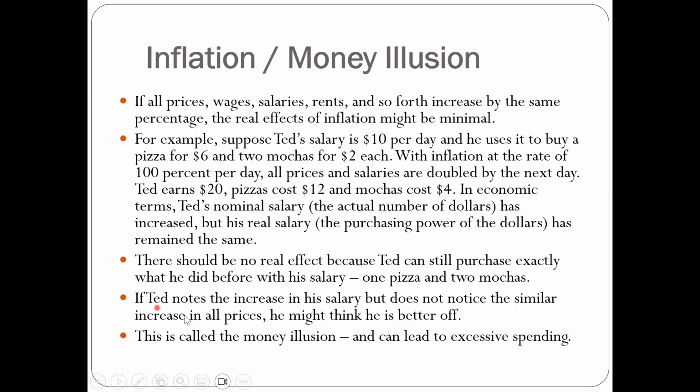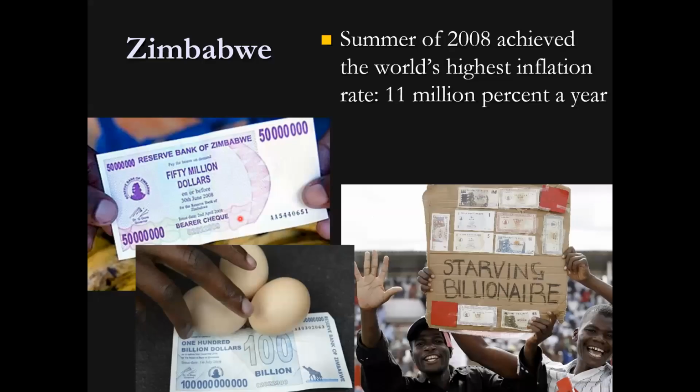Maybe Ted's salary increases by more than the percentage change in prices, which means Ted feels wealthier. If Ted's increase in salary was less than the increase in prices, his purchasing power gets less. If his increase in salary was equal to the increase in all prices, he has the same purchasing power, so he's still in the same situation.